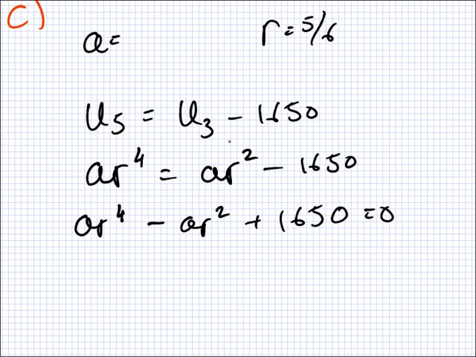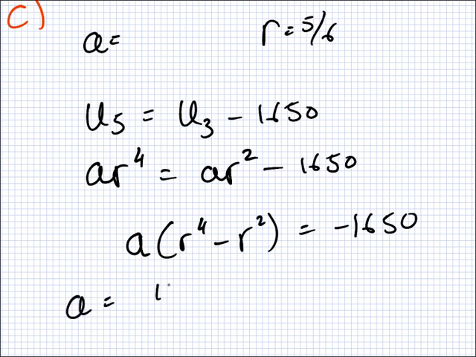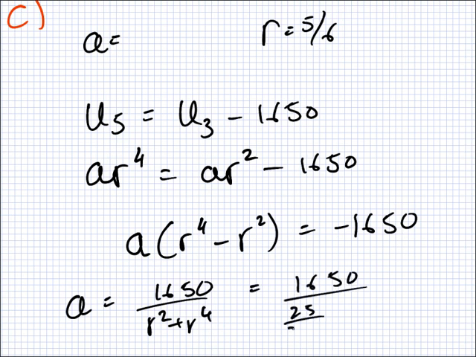I don't need to do this because I know the r. So let me go backwards. I can say that ar to the 4 minus ar squared equals minus 1650. So a equals 1650 over r squared minus r to the 4, which is 1650 over 25 over 36 minus 625 over 1296.